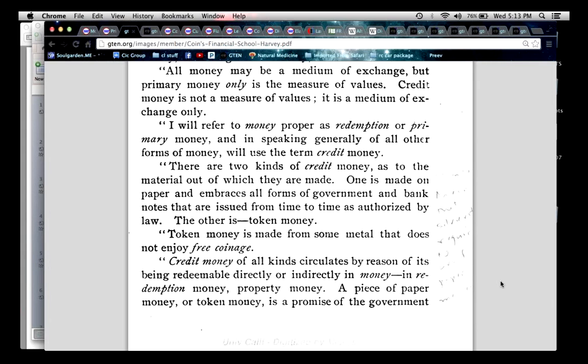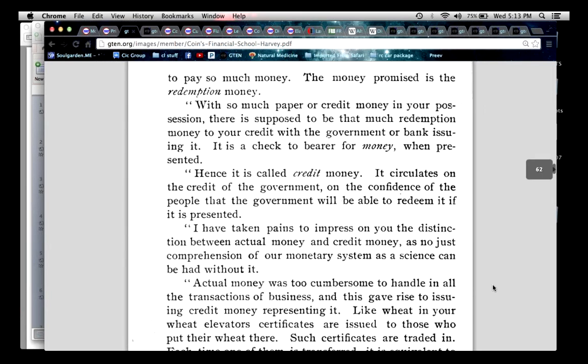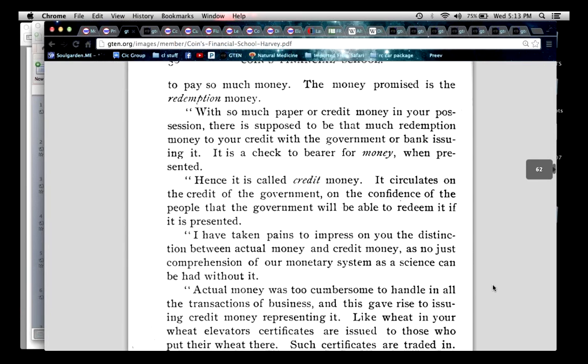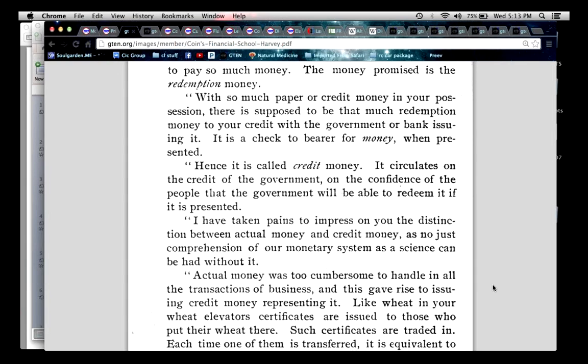The other is token money. Token money is made from some metal that does not enjoy free coinage. Credit money of all kinds circulates by reason of its being redeemable directly or indirectly in money, in redemption money, property money. A piece of paper money or token money is a promise of the government to pay so much money. The money is promised in redemption money.